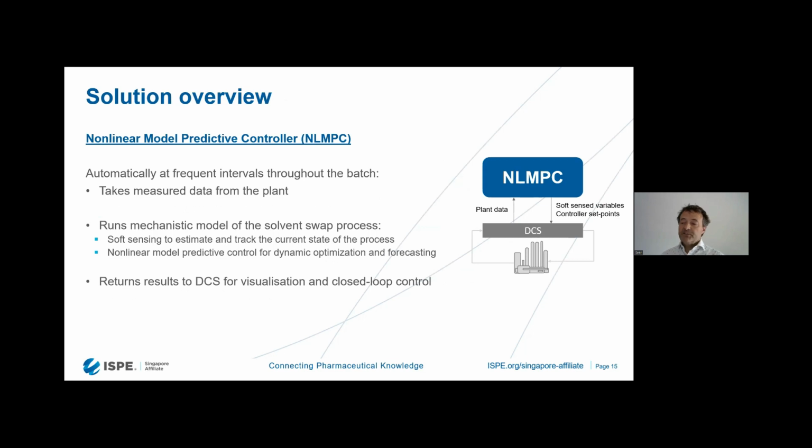And the technique that is used is that we take the model from the process development, and then in the manufacturing organization, we hook it up to a DCS, a distributed control system, and the nonlinear model predictive control uses the model to automatically calculate the set point trajectories for the supervisory control, for the flow rates, for temperatures, and so on.